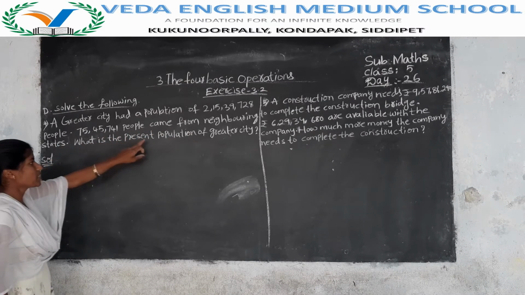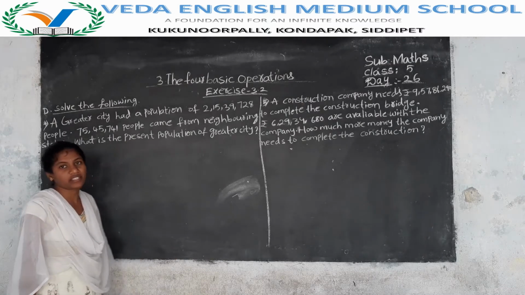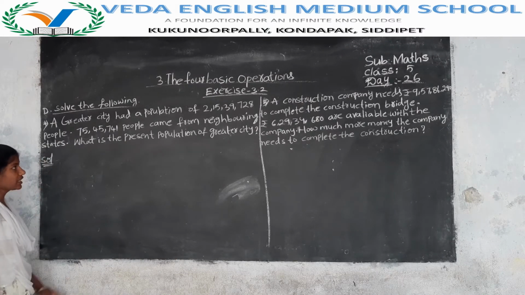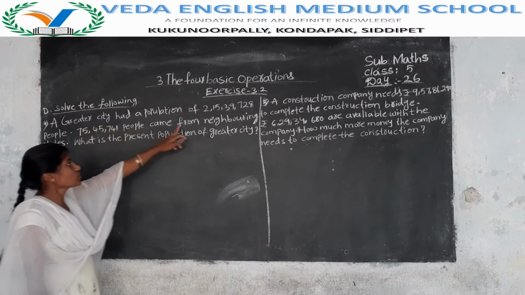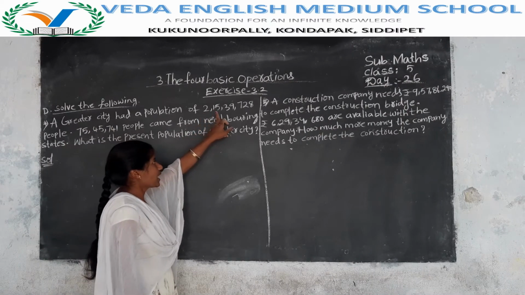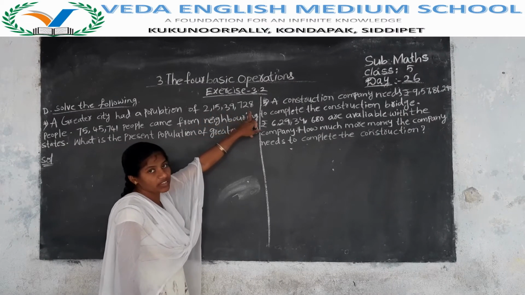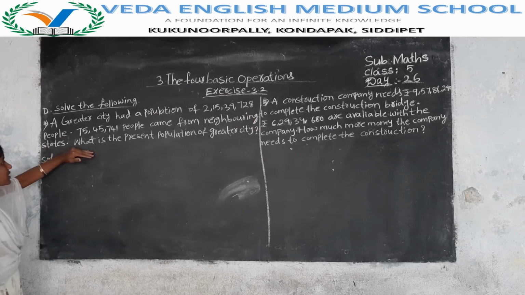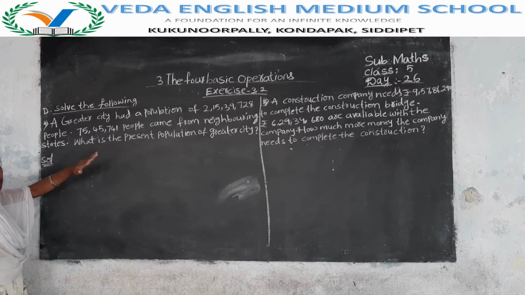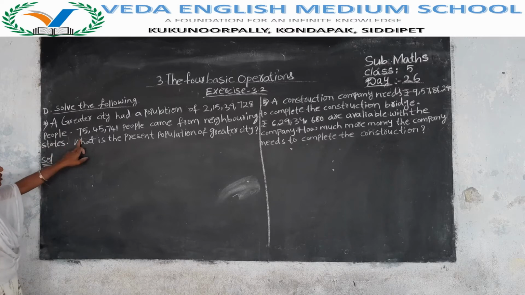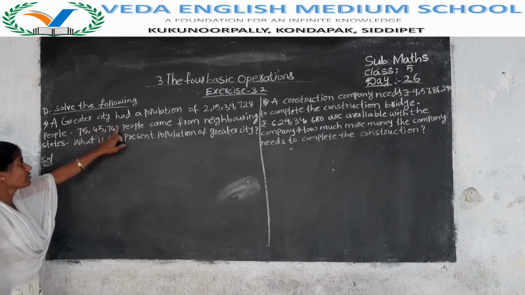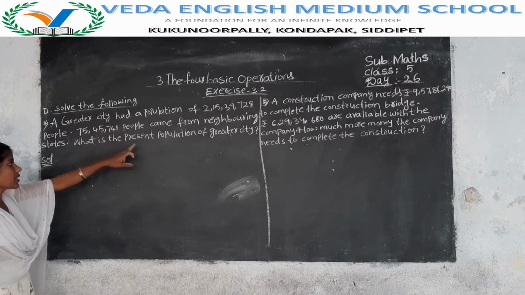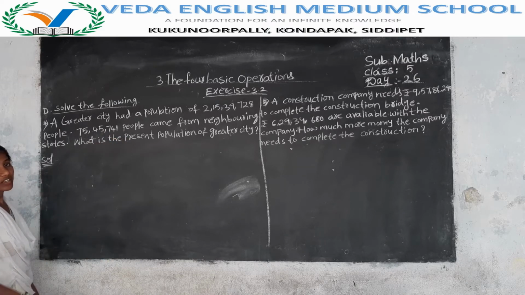What is the present population of the greater city? The population of the city is 2,15,39,728. For this population, some more people have come from other neighboring states, 75,45,741.